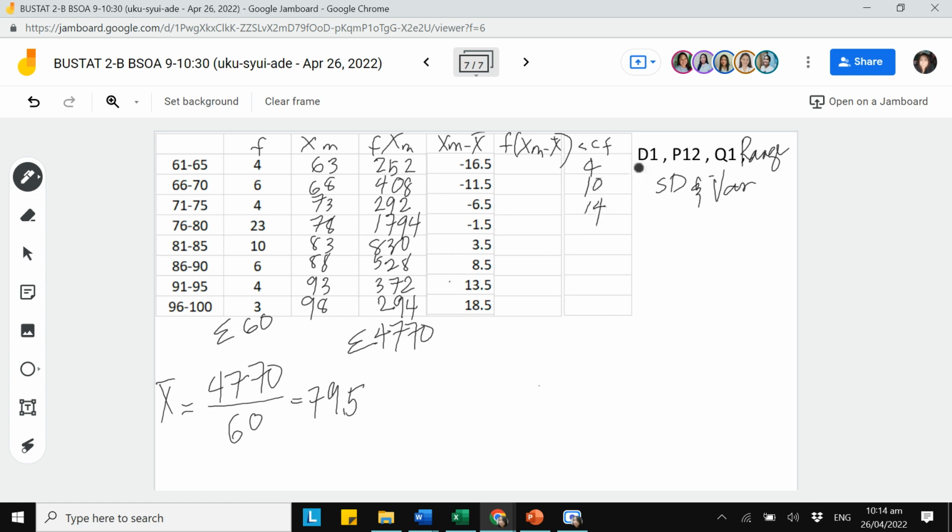14, 37, 47 po. 53, 57, then 60 po. Okay. Next. Sino next? Si Dultra.